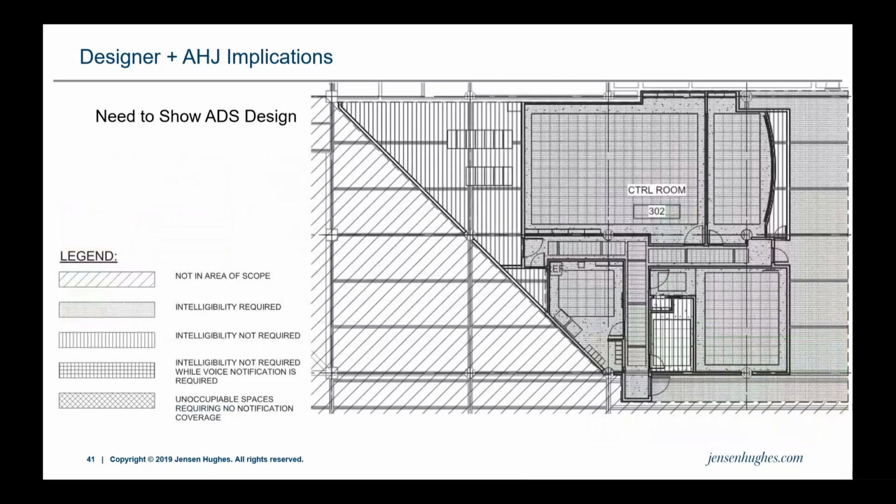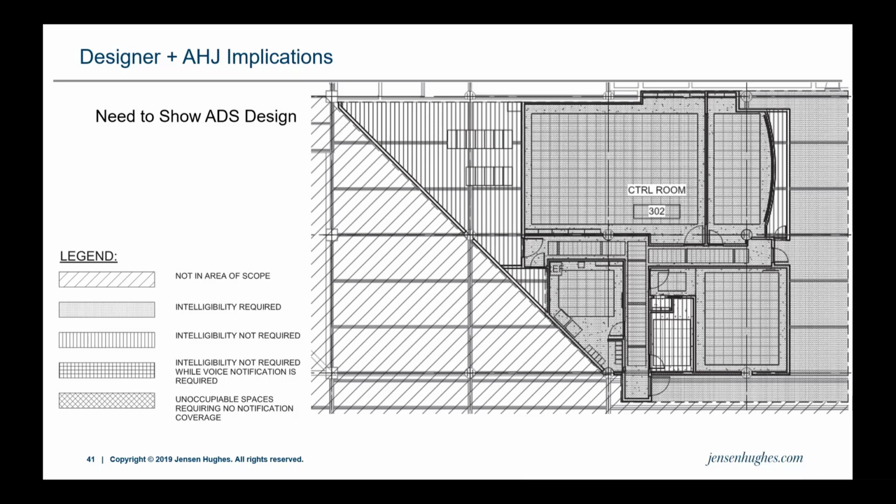Now, this is another option. This is what one designer did. They used a Revit BIM model to show hatching to designate their ADSs. And so they basically got kind of 4 definitions of space where they're either going to provide intelligibility or not. However, one issue with this is that they happen to use the reflected ceiling plan of the Revit model to show their ADSs.